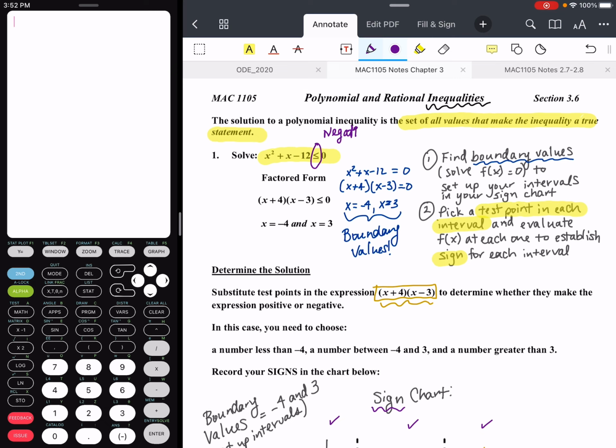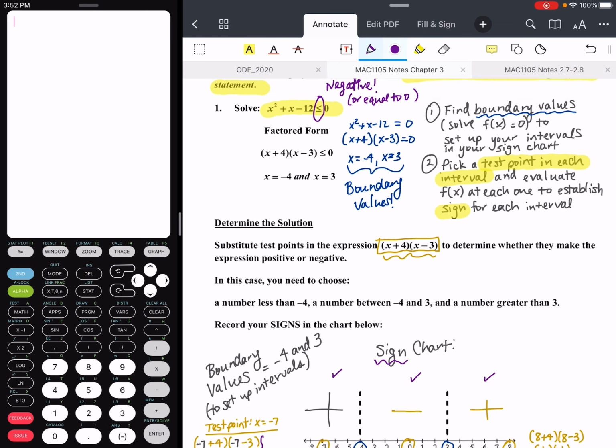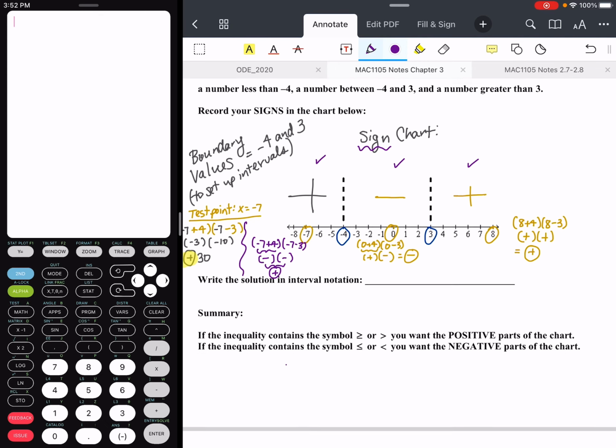Right? So we want negative values or equal to 0. Okay? But less than 0 means it's negative. Less than or equal to 0 means it's negative or exactly equal to 0. So how does that help us? Well, we made this sign chart.